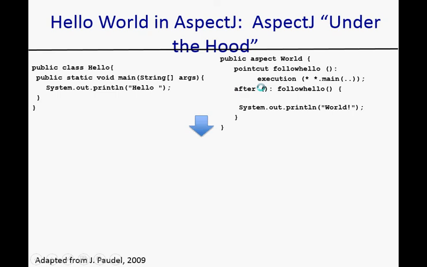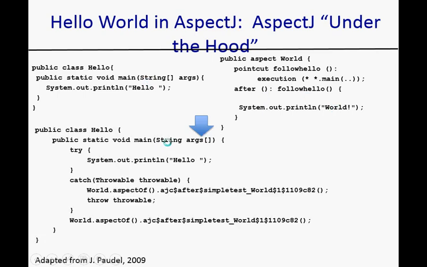And just after the execution, this is the advice, this is the point cut, we're going to print out world. So it's going to print out hello, and just after it executes main, it will print out world. Aspect will print out the world part, Hello will print out the hello part.